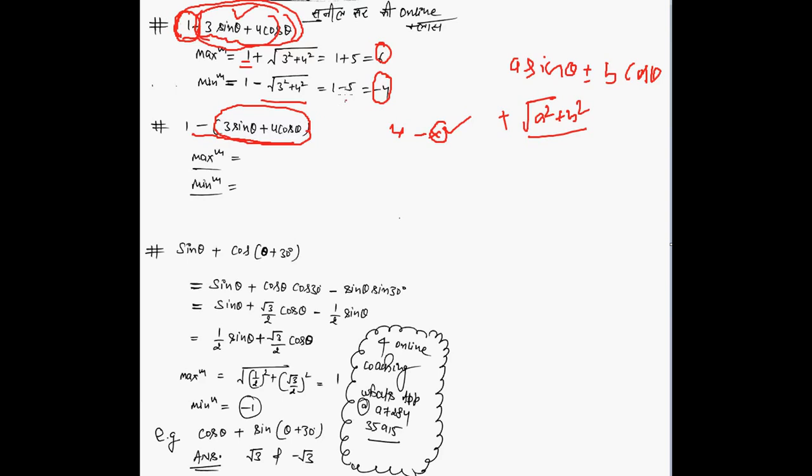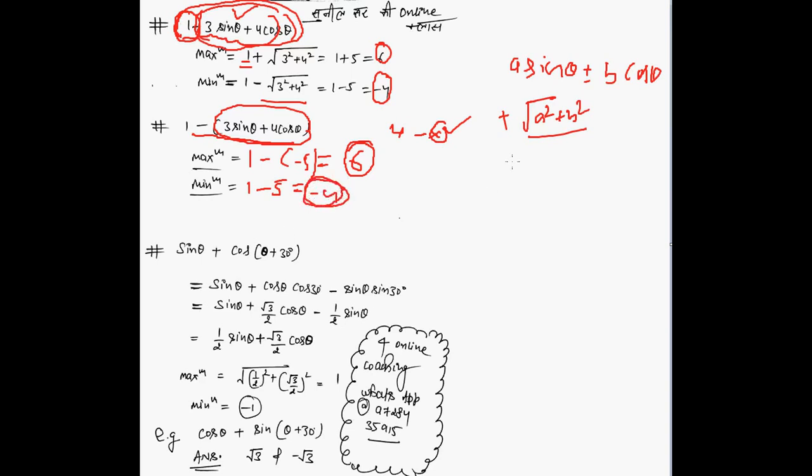This function's minimum value is minus 5. 1 minus minus 5, minus minus becomes plus. This function's maximum is 6. And this is minimum when this is maximum. And what is the maximum value of this? 5. 1 minus 5, the minimum value will be minus 4.